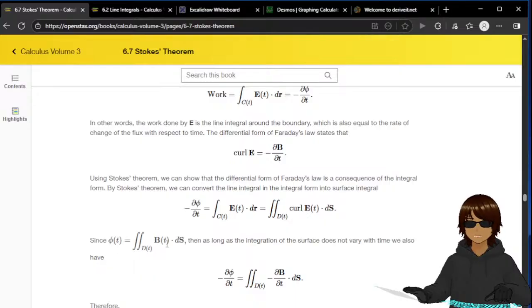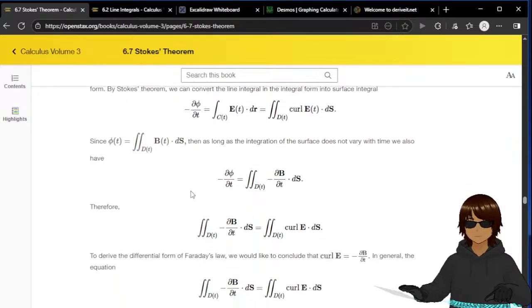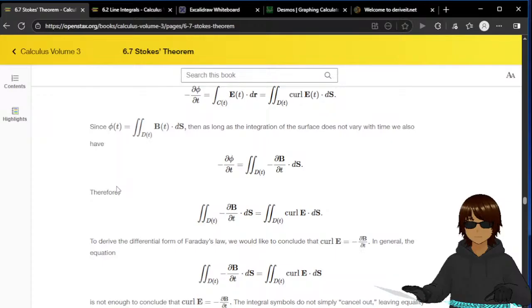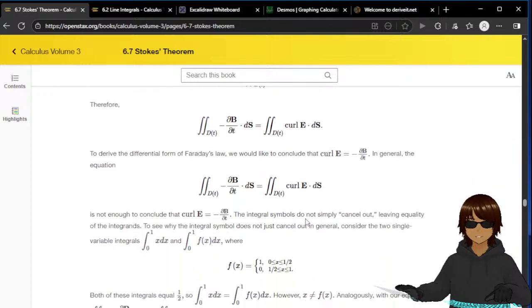Since phi_t is equal to B_t dot dS, as long as the surface does not vary with time, we will also have minus the derivative of phi with respect to t equal to the integral of minus the partial derivative of B with respect to t dot dS. Therefore, the integral of minus partial B over partial t dot dS is equal to the integral of curl E dot dS.